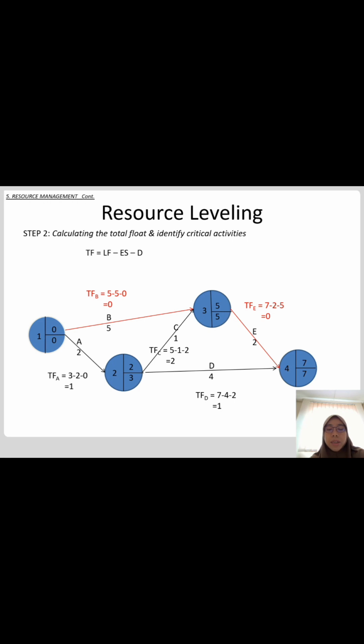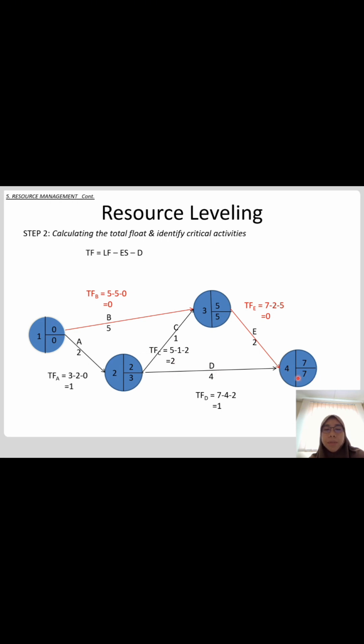Then you can calculate the total float. For A, 3 minus 2 minus 0, which is 1. B, 5 minus 5 minus 0, which is 0. C, 5 minus 1 minus 2, which is 2.